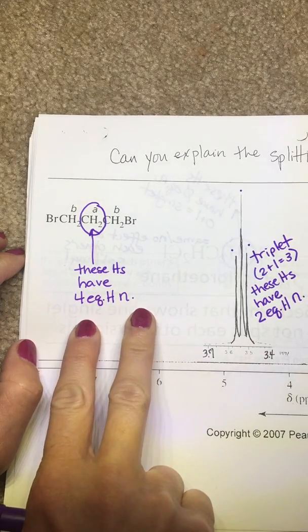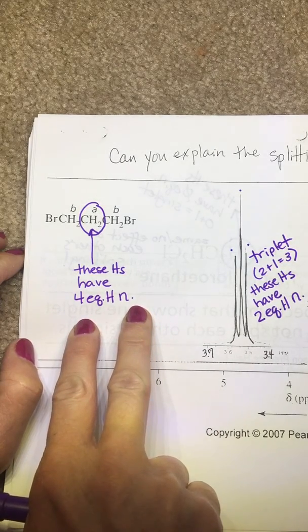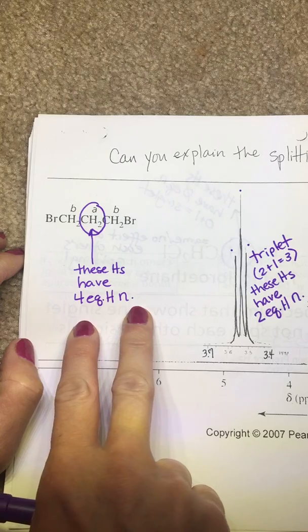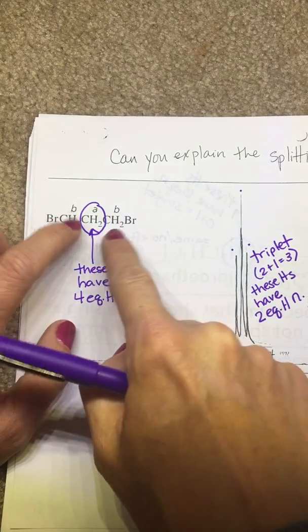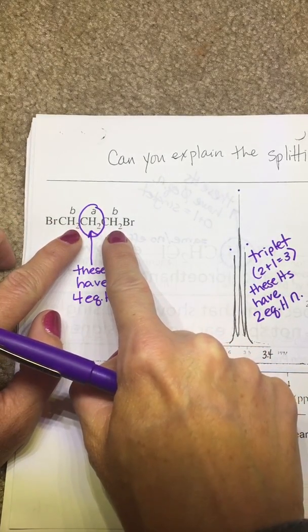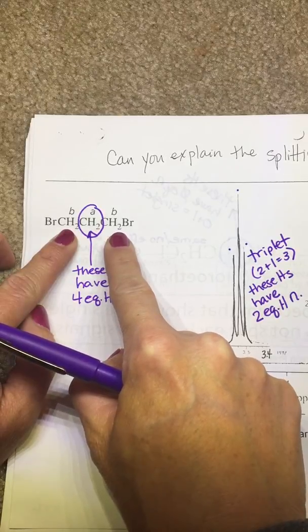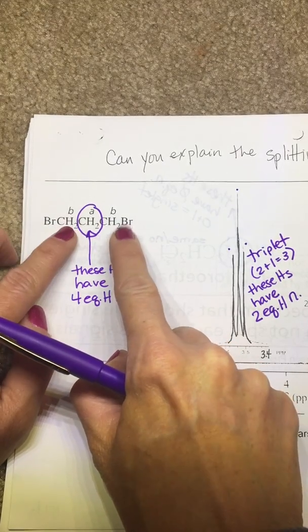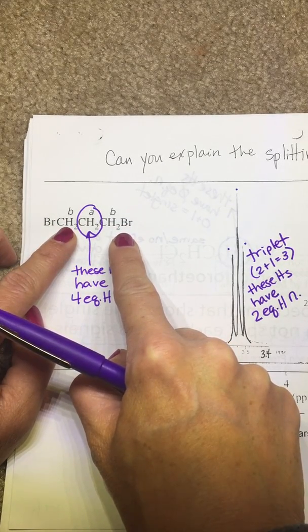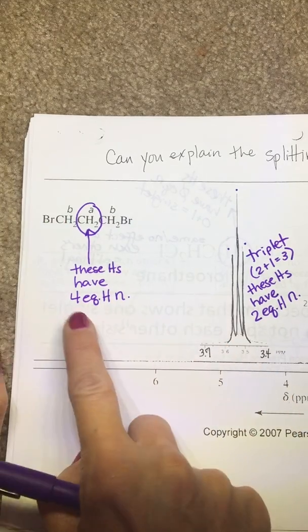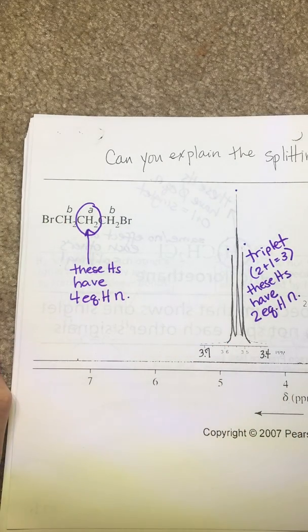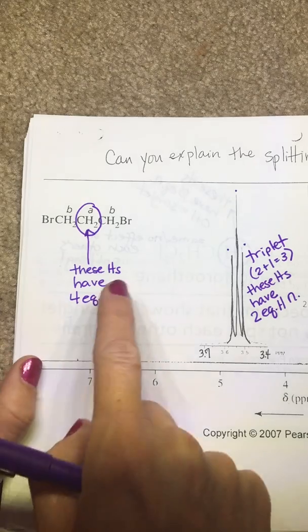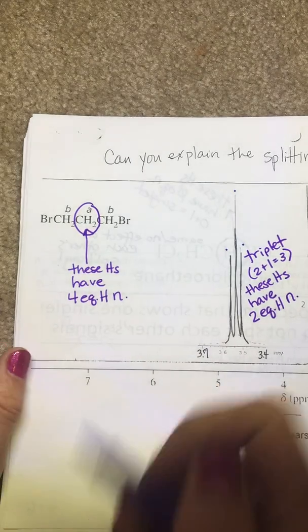Again, instead of writing equivalent and neighbors out, the really long words, I'm abbreviating there. And it's important to use that word equivalent because those 2 plus 2, those total of 4 hydrogens there, our B hydrogens, are equivalent to each other. If that was a chlorine, then those 4 hydrogens would not be equivalent to each other. So it's really important to use that word, okay? So these hydrogens right there have 4 equivalent neighbors.